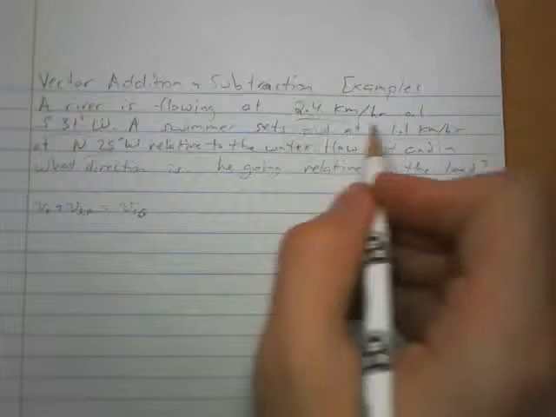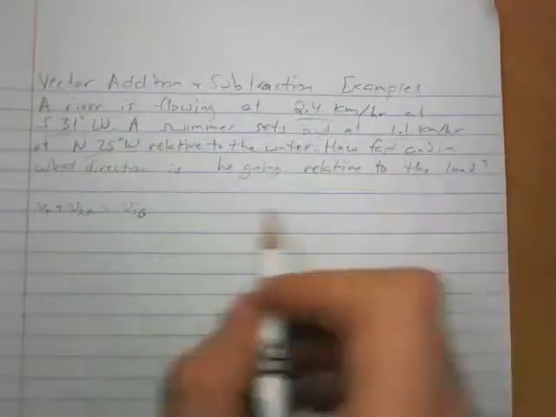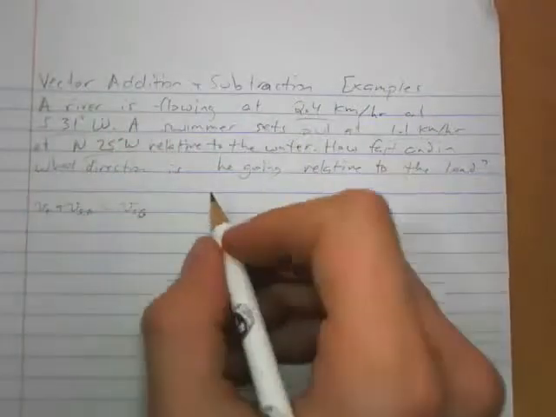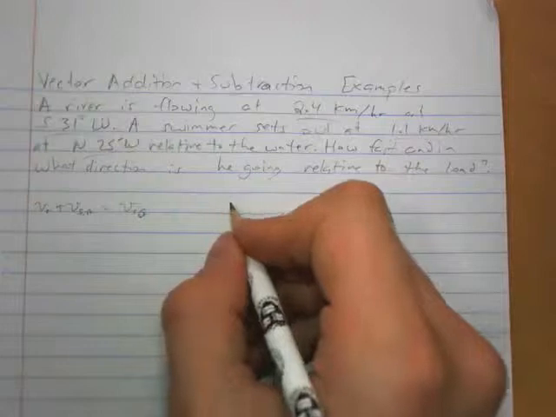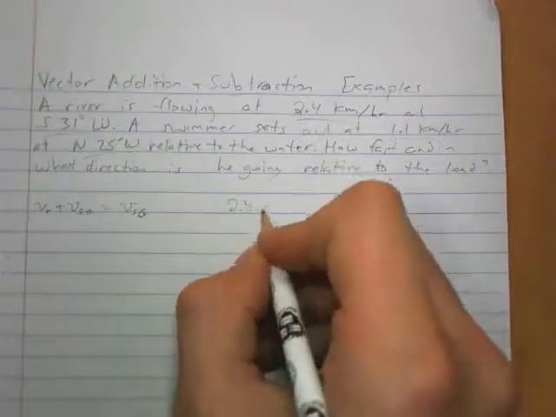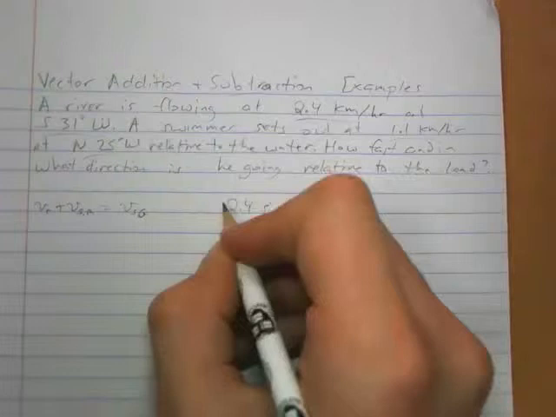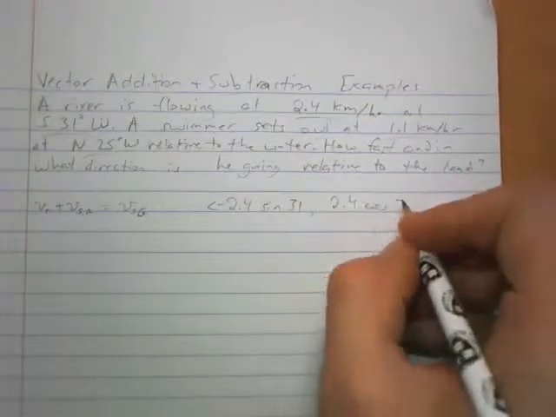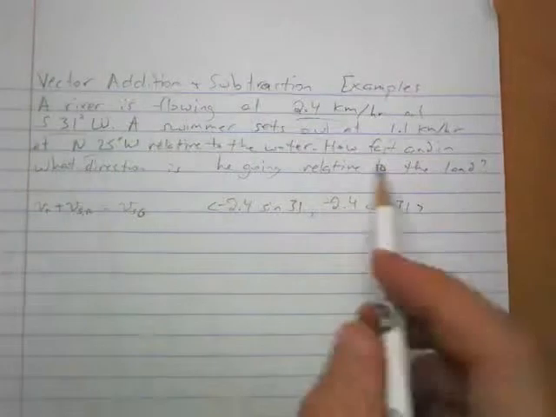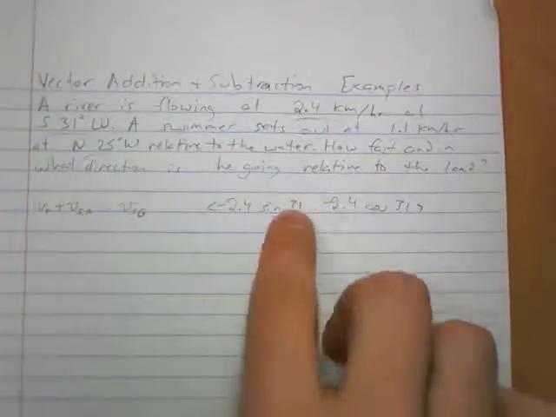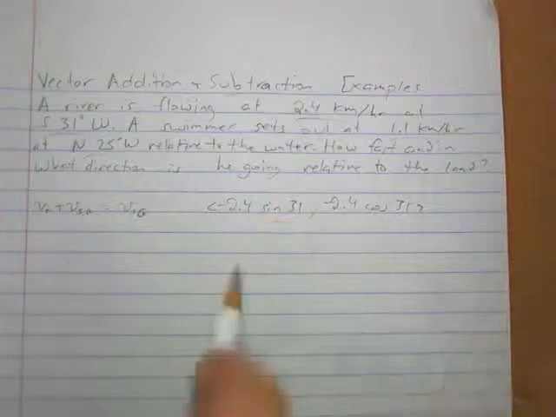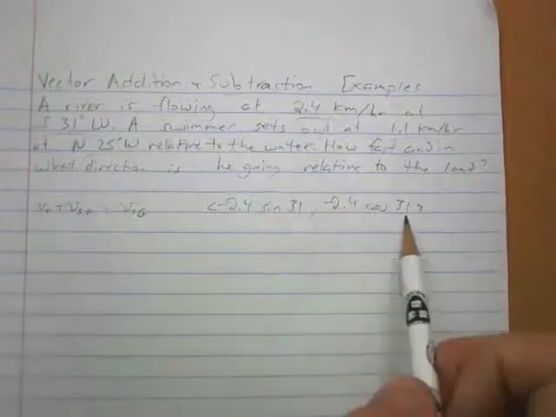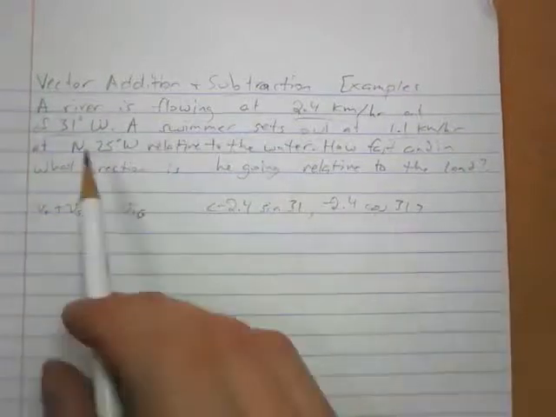So 2.4 kilometers per hour south by 31 degrees west. That's going to be 2.4 sine 31 negative, 2.4 cosine 31, also negative because it's south and west, and sine is in the x component because south is first, cosine's with the y component for the same reason.